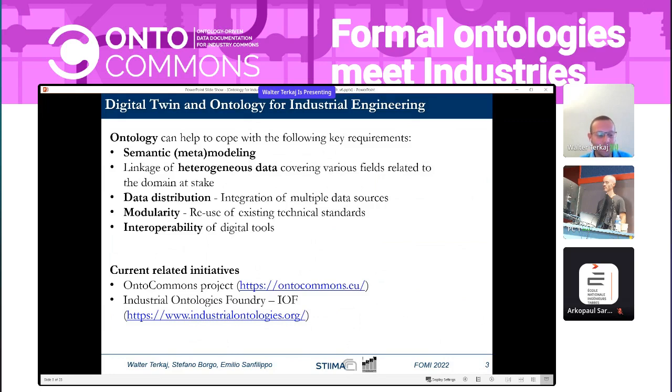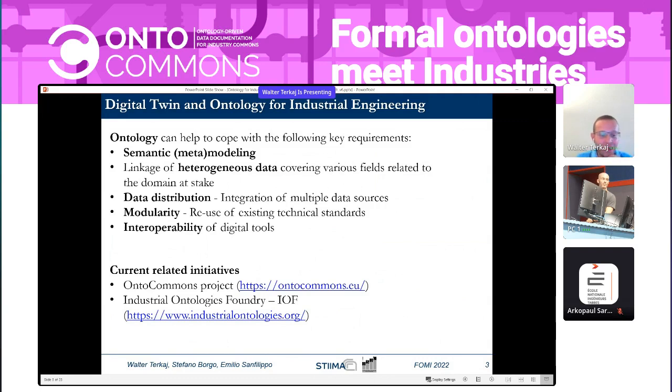But still, we are on the edge of, let's say, early adopters of this technology. So we don't yet have a full demonstration of the actual potential of using ontology in this domain.